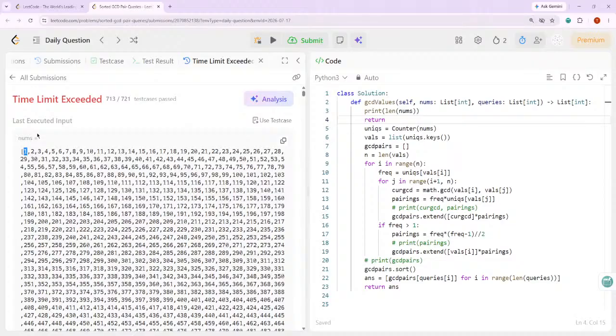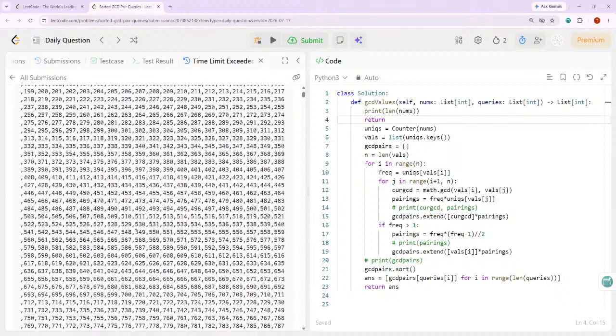I mean, it seems like I would need to have the prime factorization of every number. Or maybe I need to calculate it somehow.